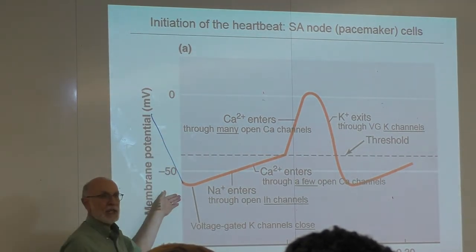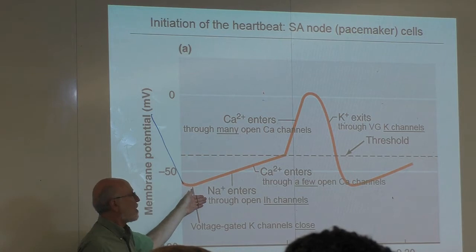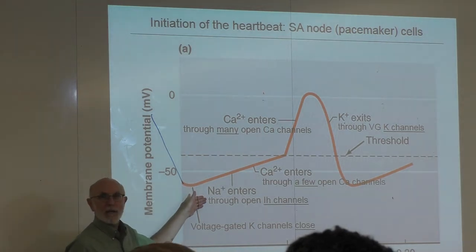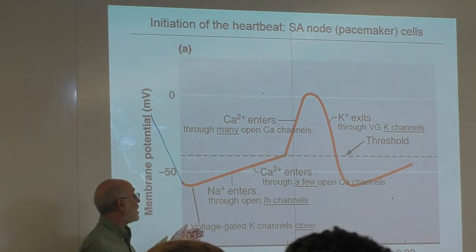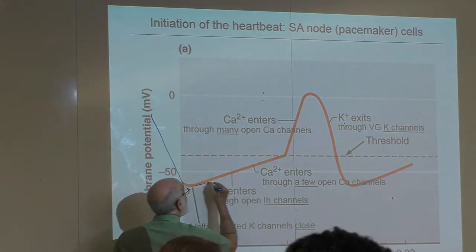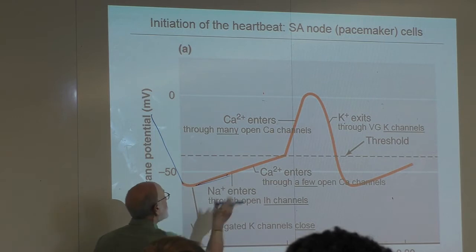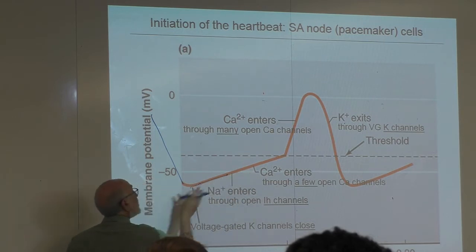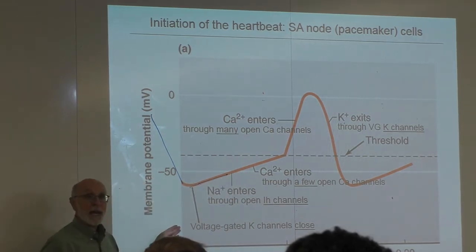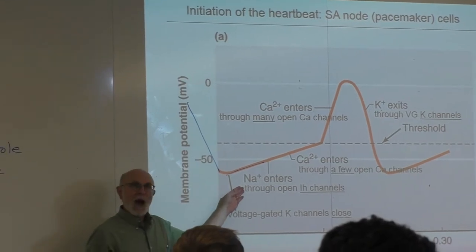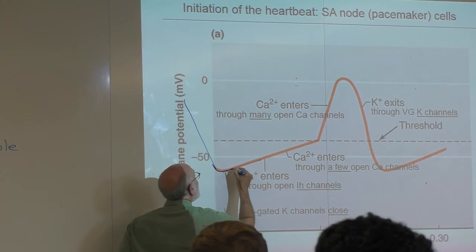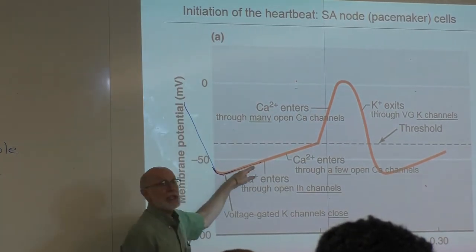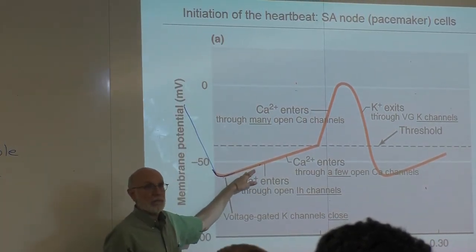This hyperpolarization opens the IH channels. Sodium goes in, and sodium influx causes some slow depolarization. So closing of potassium channels and opening of IH channels is responsible for this transition from repolarization to slow depolarization.